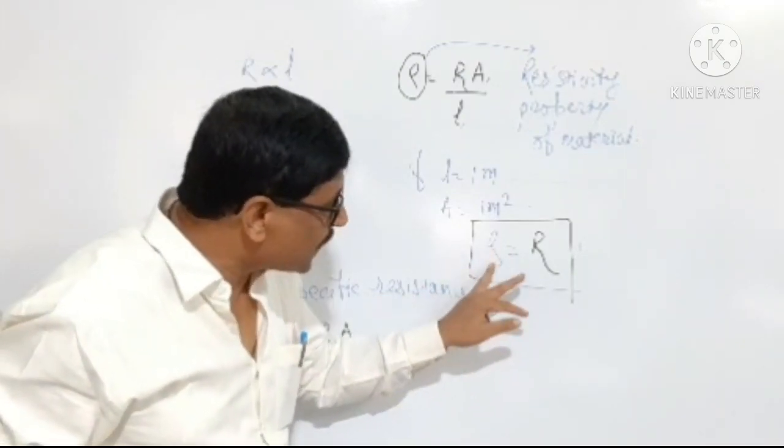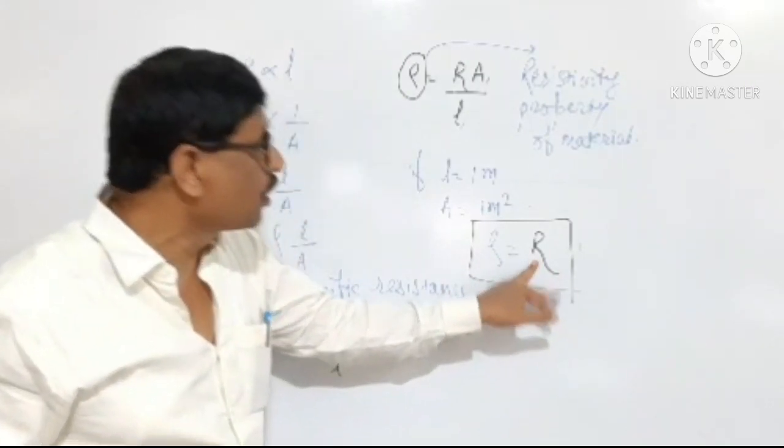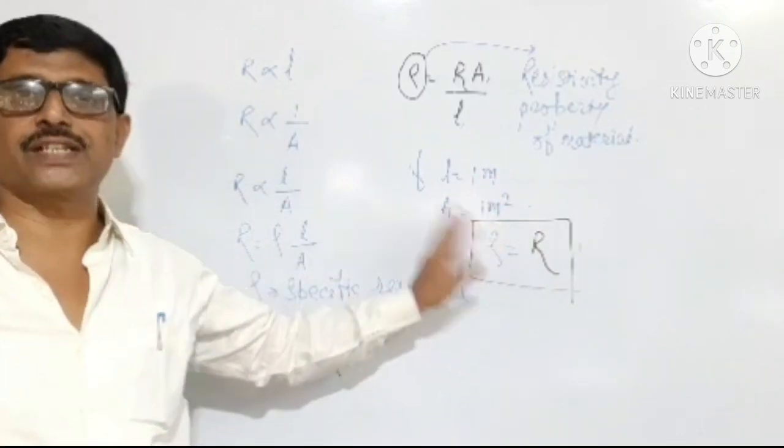Therefore, specific resistance is defined as the resistance of a conductor of unit length and unit cross sectional area.